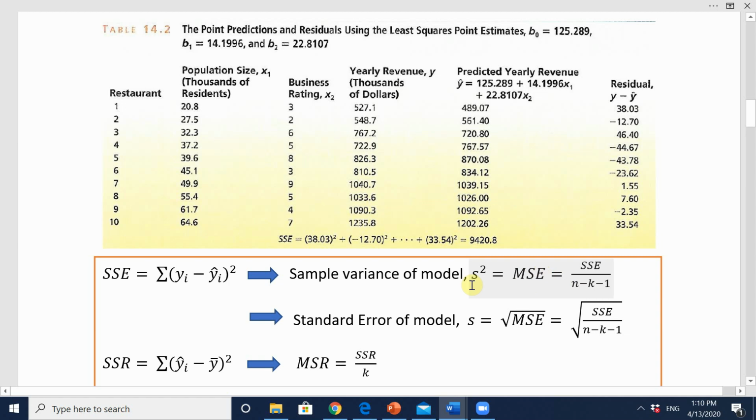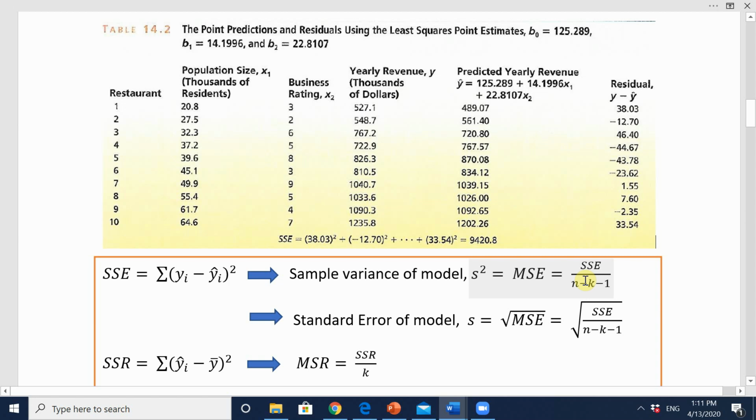Well, this is equivalent to the sample variance of the model. Okay, call it S squared. And it is intended to serve as a point estimate for sigma squared, the true population variance, which I do not have here, so I'm using my sample, right?